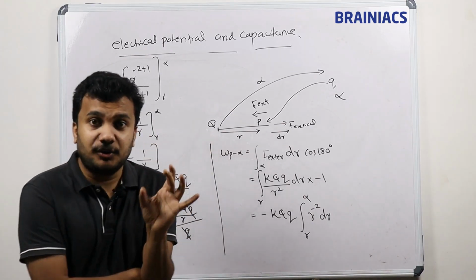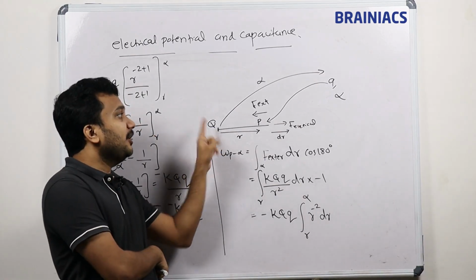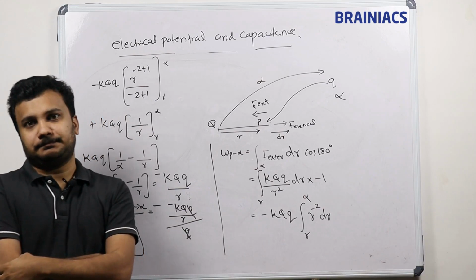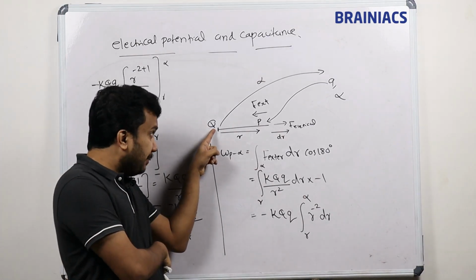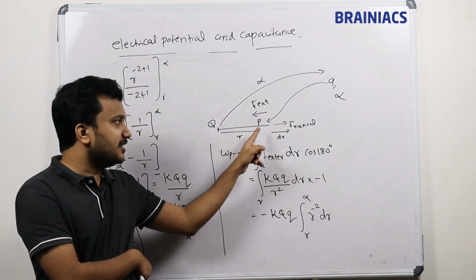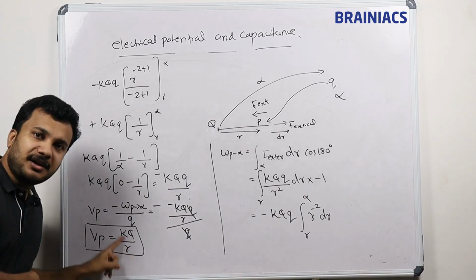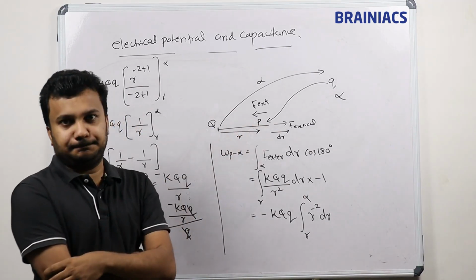Our aim is to find out the potential, the effect created by capital Q on this point. That effect is called kQ by r. So that is the potential at this point.